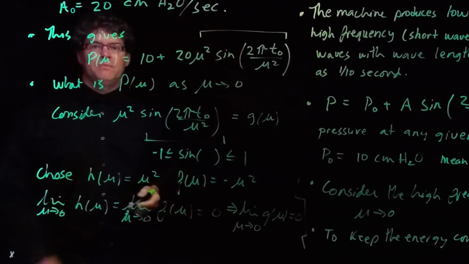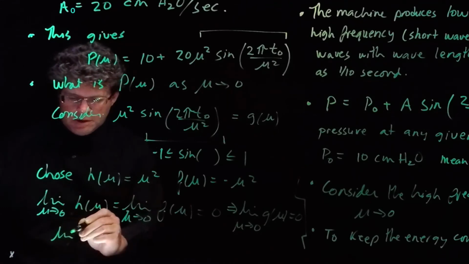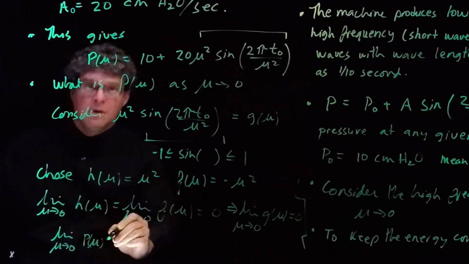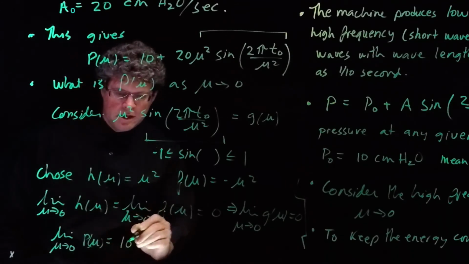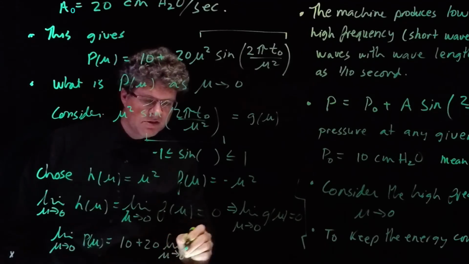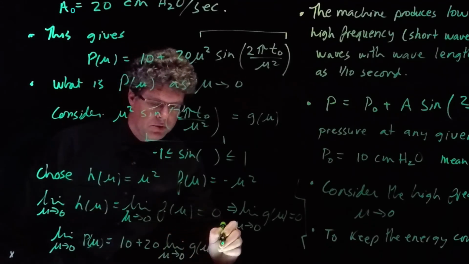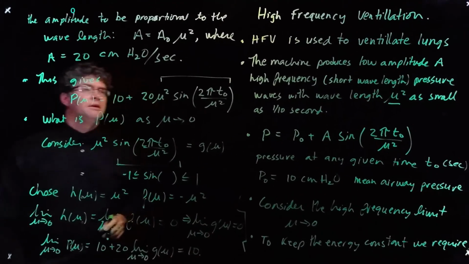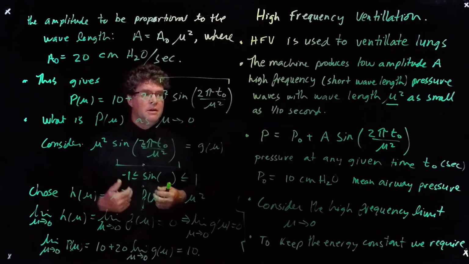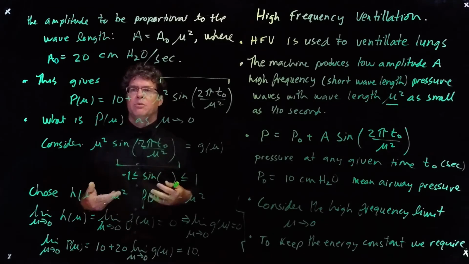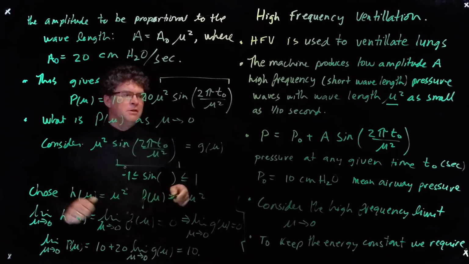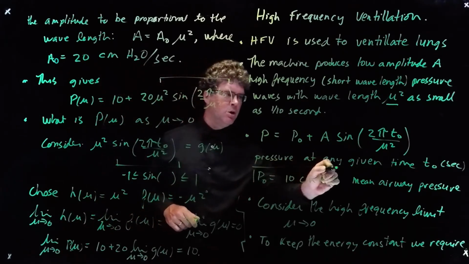So finally, the limit as mu goes to 0 of p of mu is equal to 10 plus 20 times the limit as mu goes to 0 of g of mu, which is equal to 10. And so in the high frequency limit, the pressure goes to the background pressure, which in our example was 10 centimeters of H2O.